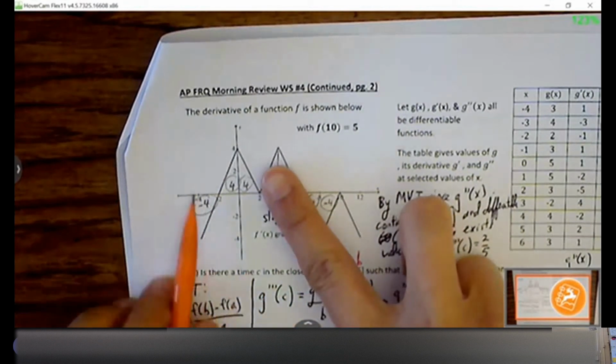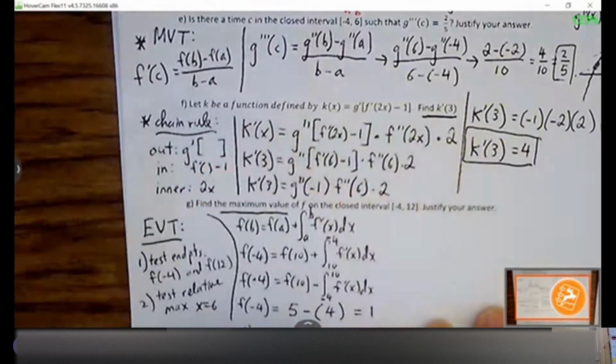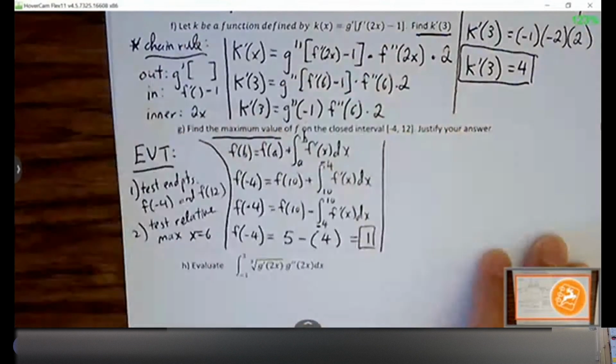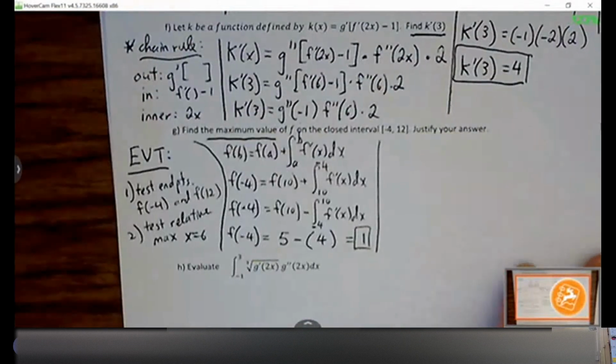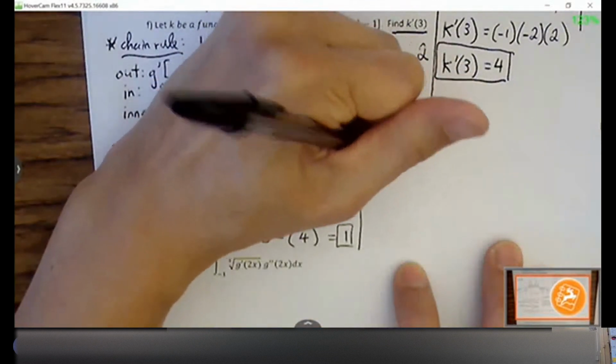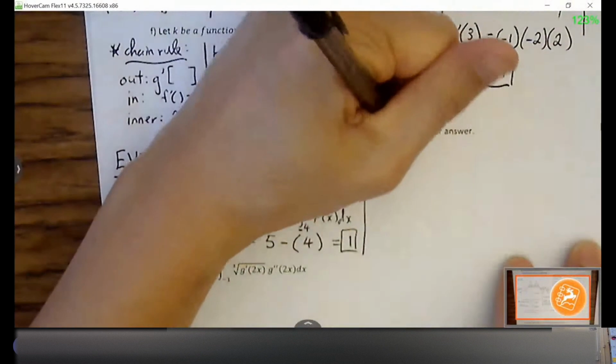That cancels out, so it's just 4, right? Next up, f of 6. Same rule. Start at f of 10 and go from there.